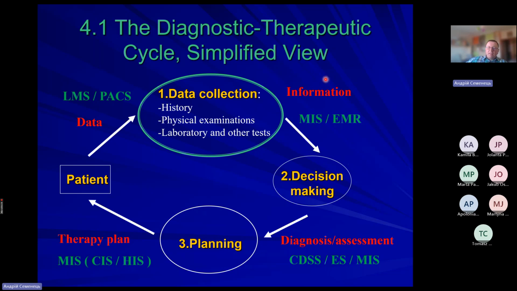Right now, an intelligent medical information system could help, could give some insight about the data collected and stored in the EMR, and make the decision-making process easier.